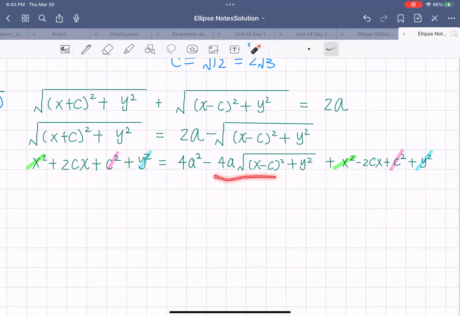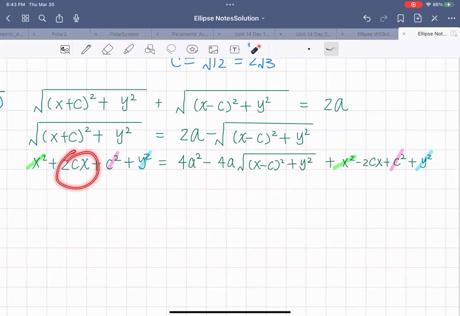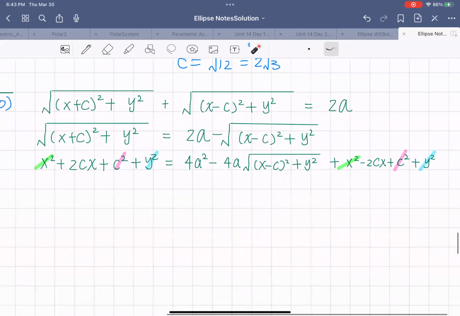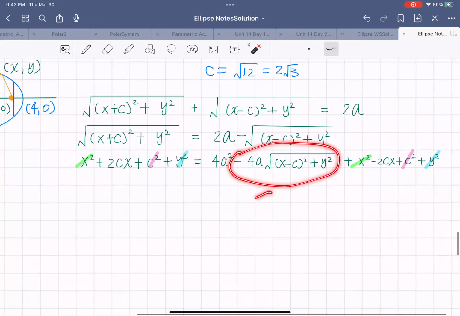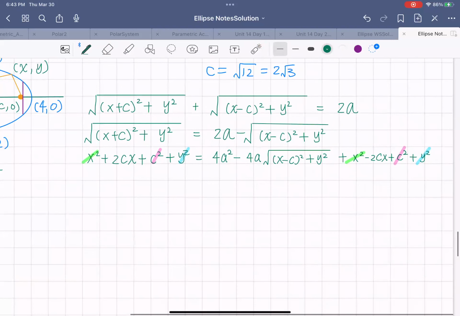To solve it, we want to move the guy there. Look, this is negative, so I'm going to move this negative to the other side to be positive. I will move this guy to the right, and I will make this to the left, so it's going to be positive, right? Yeah.